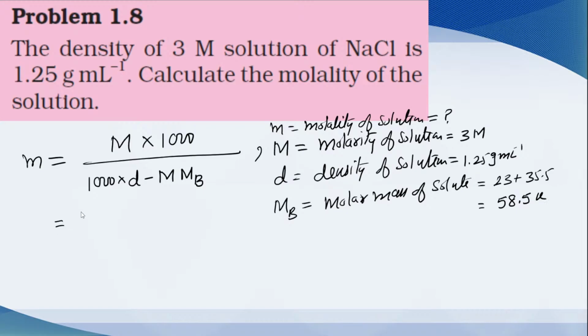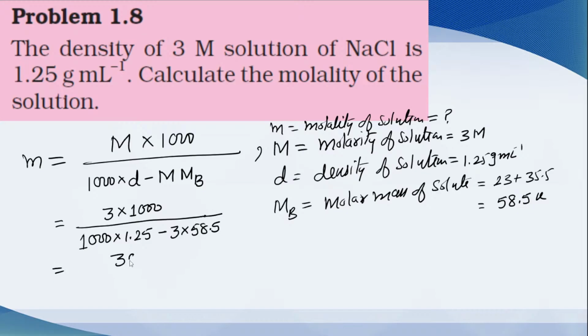So it comes out to be 3 into 1000 divided by (1000 into 1.25 minus 3 into 58.5).